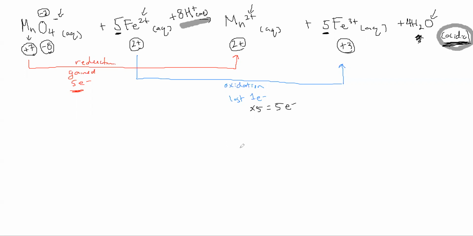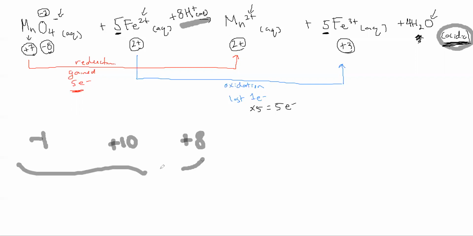Let's take a look to make sure that there is 1 manganese. We have a charge of -1 here, a charge of +10 here, and a charge of +8 here.